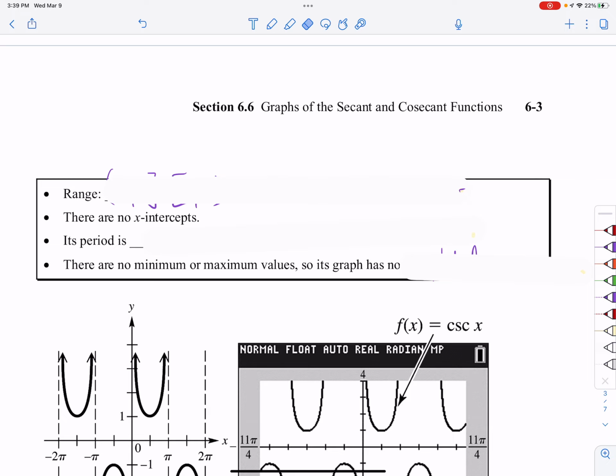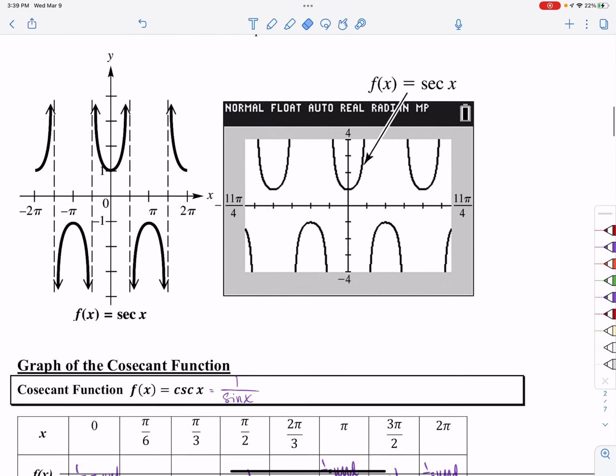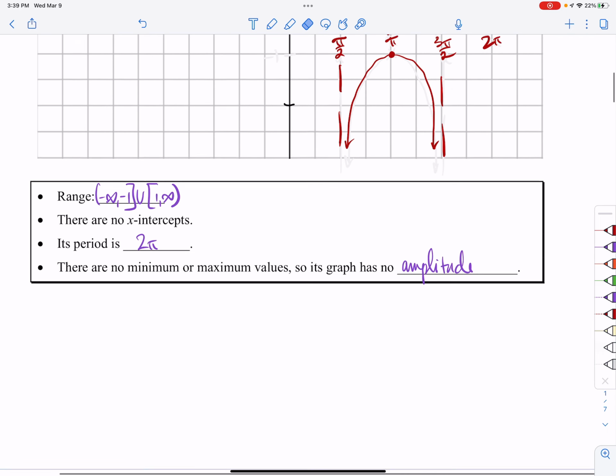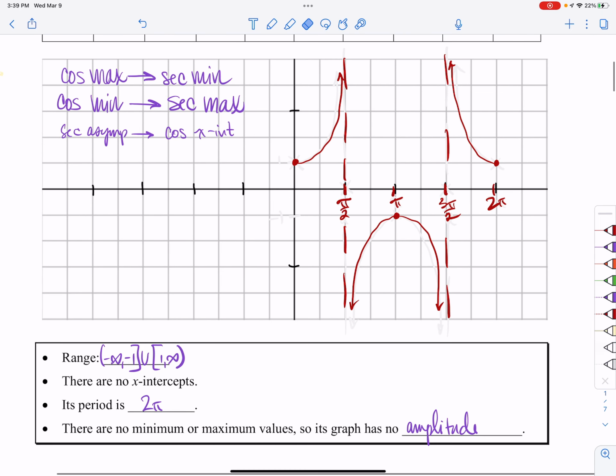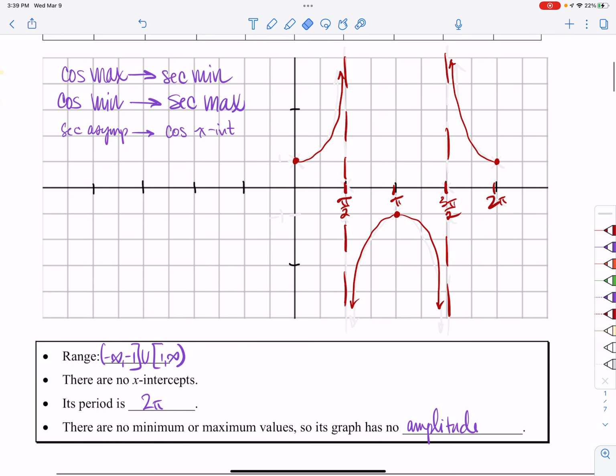My range, a moment ago, I am just now realizing I said that my range was all real numbers. I was not paying attention. I apologize for that. My range is not all real numbers. My range has a break in it where the old sine or cosine graph was. So my range will go from negative infinity to negative 1 and then positive 1 up to infinity.